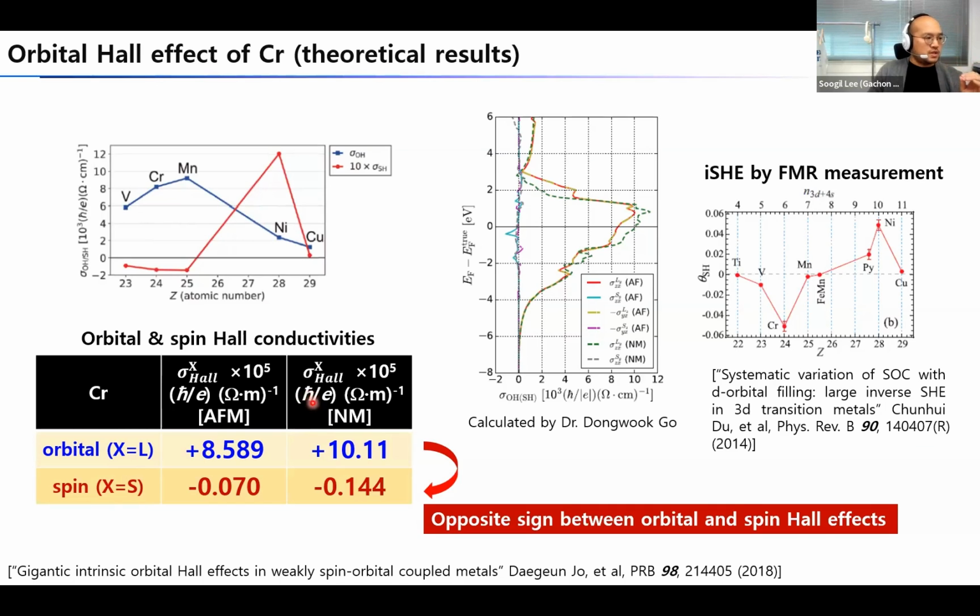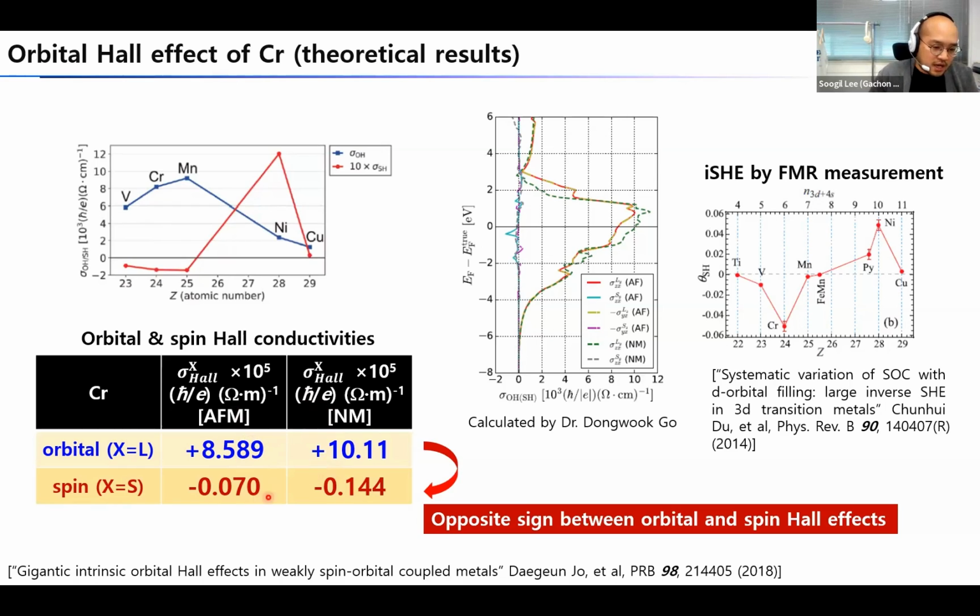And a more crucial point is that the signs of the spin and orbital Hall effect are opposite. This is a good point to distinguish the origin of the final total spin-orbit torque of the system, because we can control the sign of the spin-orbit torque by the spin-orbit coupling of the orbital to spin conversion source, as I already mentioned in the previous slide.